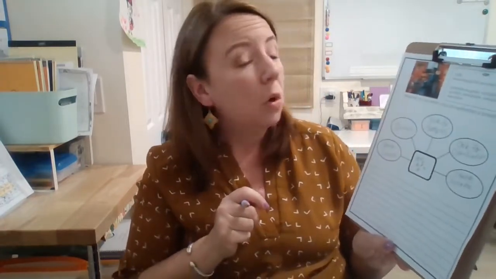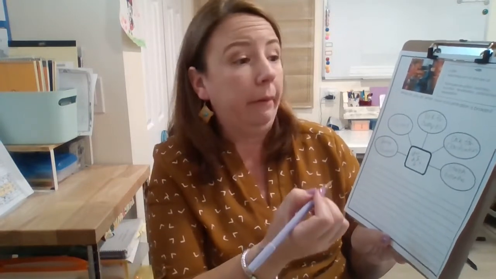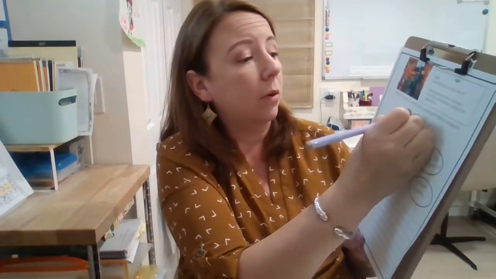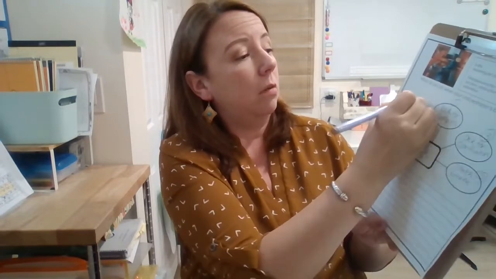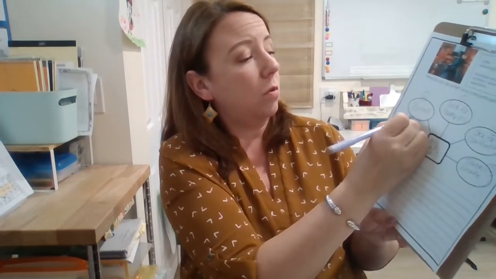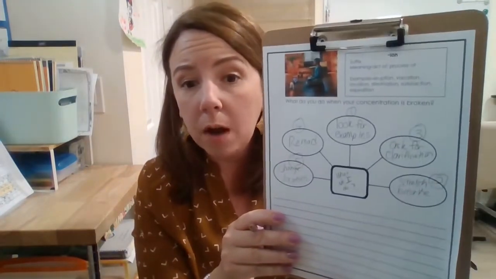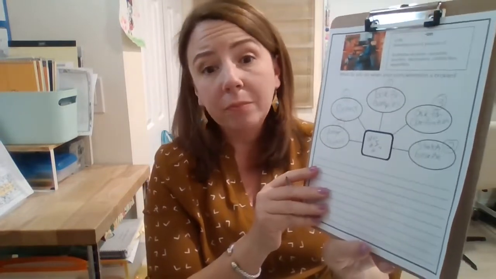So maybe we start with the least important. I don't know, maybe that's look for examples. Maybe stretch and breathe will be number 2. Ask for clarification, number 3. Reread, number 4. And change locations, number 5. So kind of prioritize them.